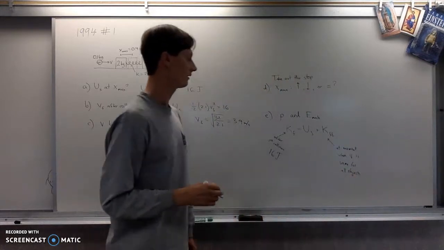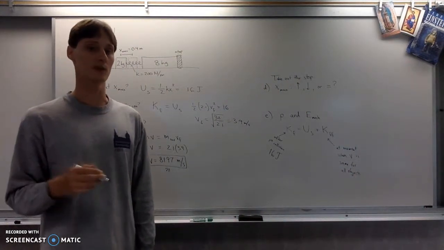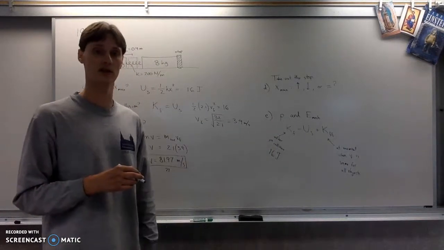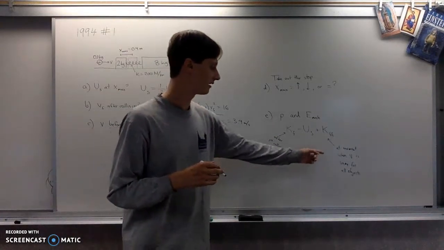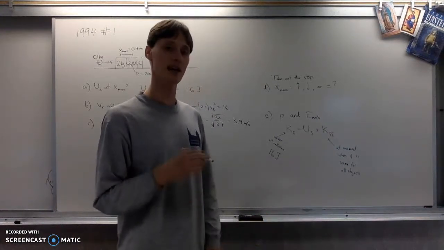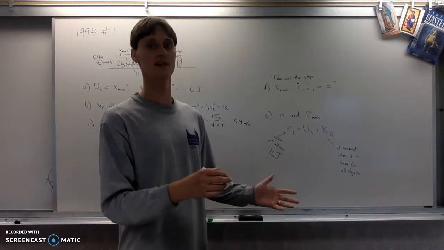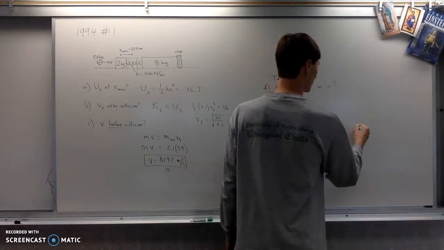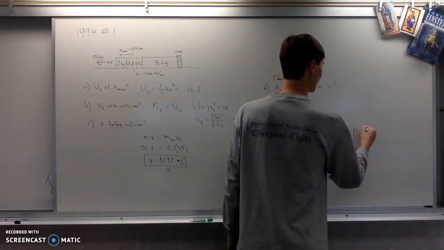So in order to actually work out what the maximum compression is, you would use conservation of energy, but you don't know what this speed is. But we said at that moment it's a second perfectly inelastic collision, so that means we can now apply conservation of momentum to it.